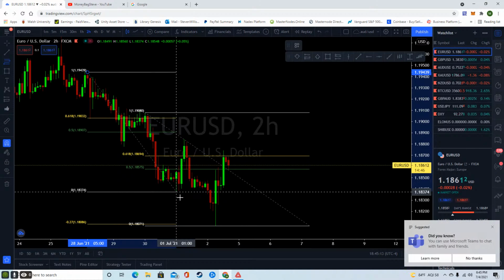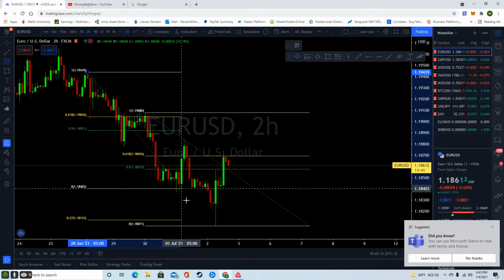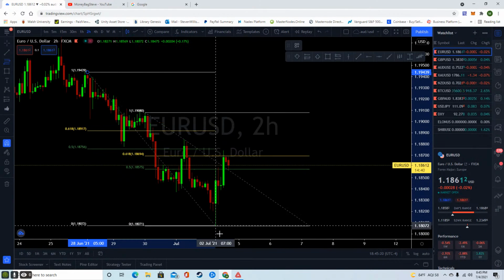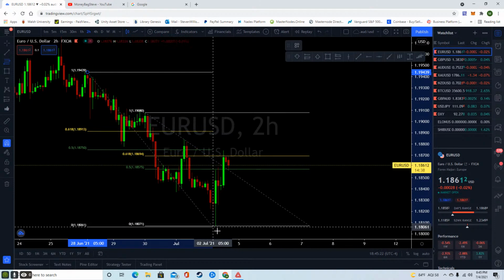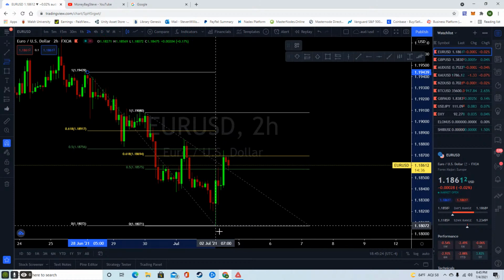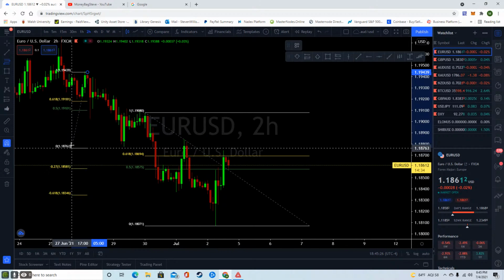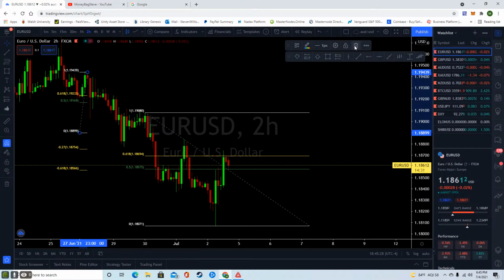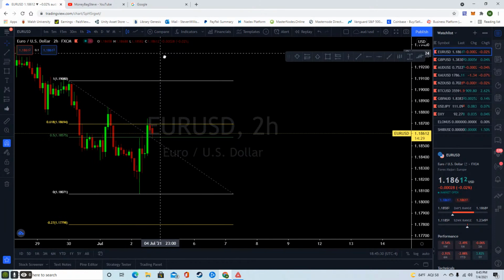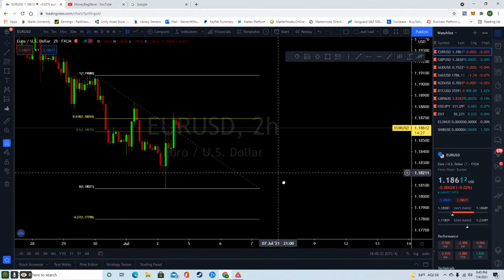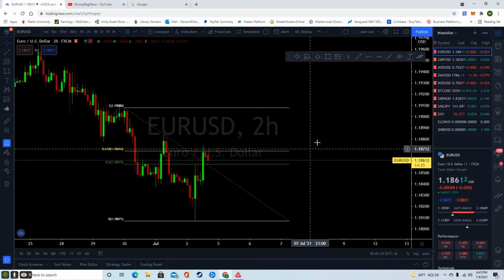Alright, well the market's been kind of weird lately, but say if we went to this point. Okay, I see now. Yeah, it's correlating. It's just slow. Alright, so for Euro USD, we could take a sell if it doesn't go back up all the way.